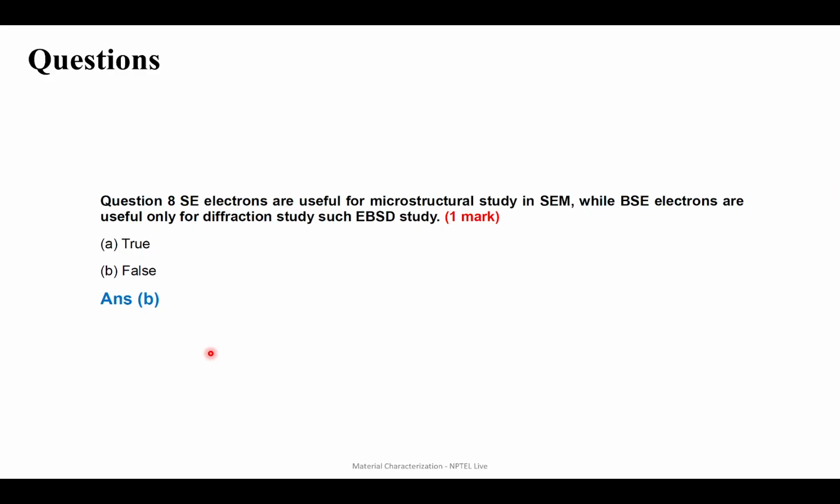The correct answer is false. Secondary electrons are used for microstructural or topographical study, but backscattered electrons are not just used for EBSD diffraction study, they are also used for compositional contrast imaging, that is imaging with contrast with respect to composition. So hence the answer is false.